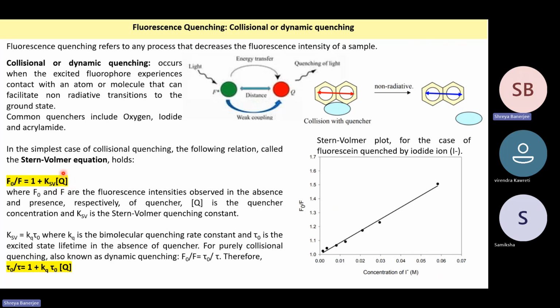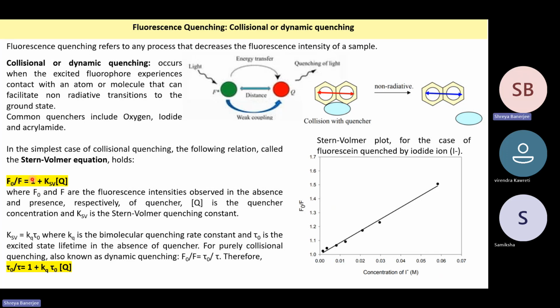As we increase the concentration of the quencher, more and more energy will be transferred to this molecule. So the right hand side term will become greater as we increase the concentration of the quencher. That means F0 by F will become greater.